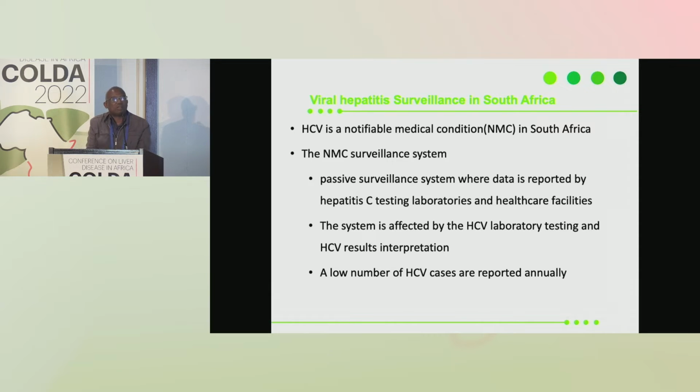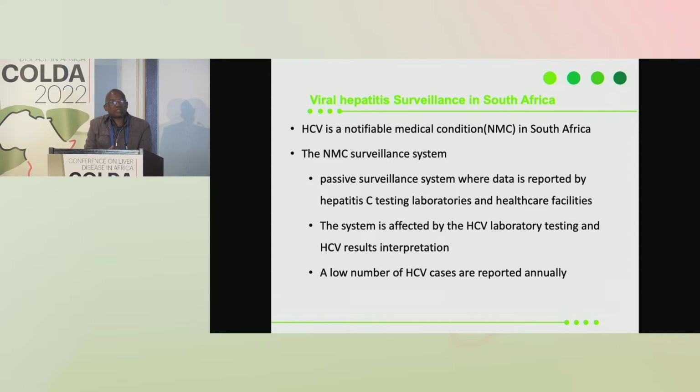The surveillance is passive, where laboratories and healthcare facilities report to the NMC, and the data is collated and analyzed to check the different prevalences for the viral hepatitis and other notifiable diseases.